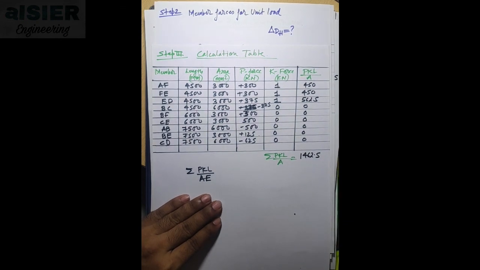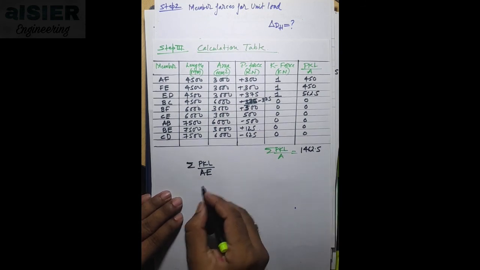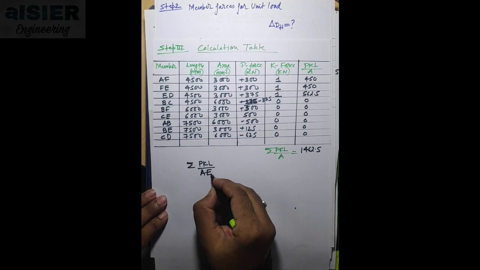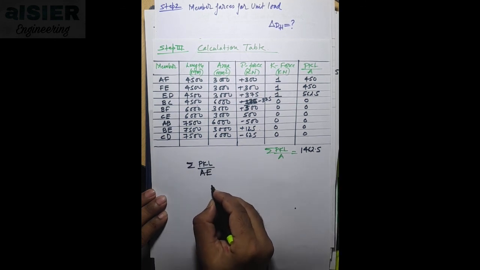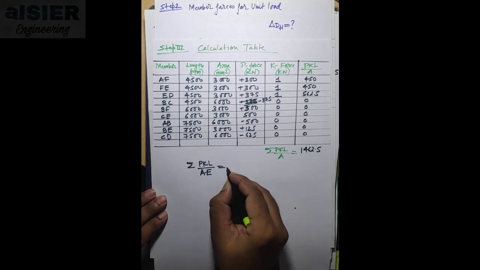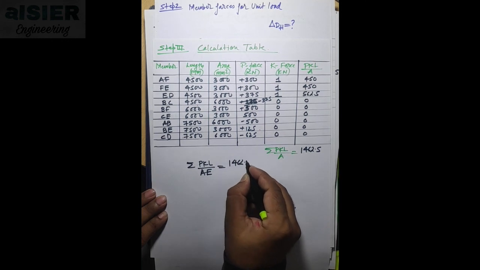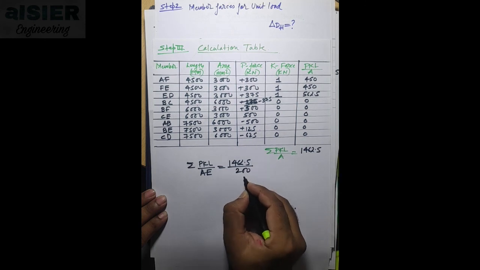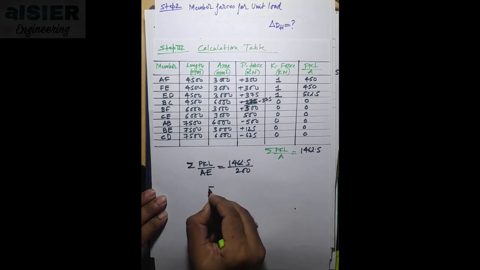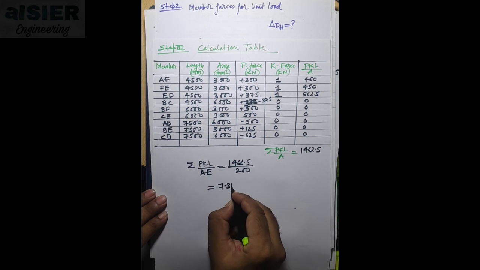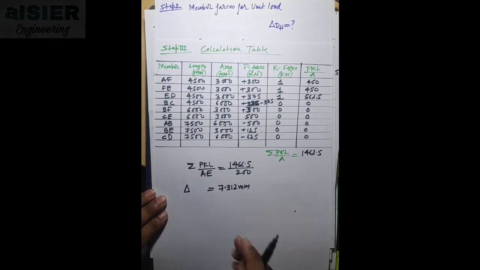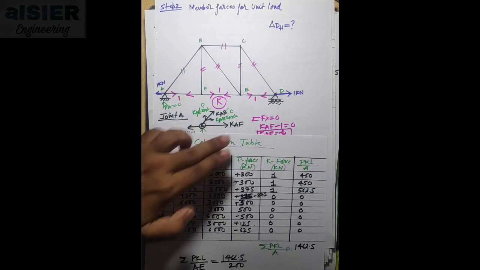Now it's time to divide this by E, because we have to calculate this one. So we write 1462.5 divided by E. The value of E was 200. So we will get 7.312 mm, which is equal to delta DH.